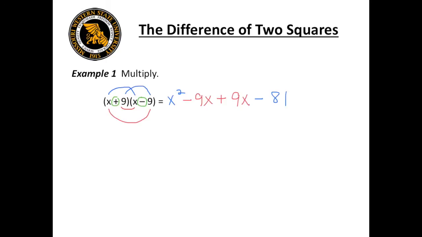Notice that the two middle terms, the ones obtained by our inner product and our outer product, cancel out. And we end up getting a final answer of x squared minus 81.